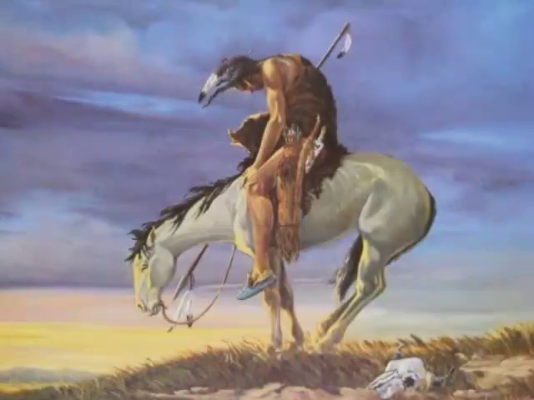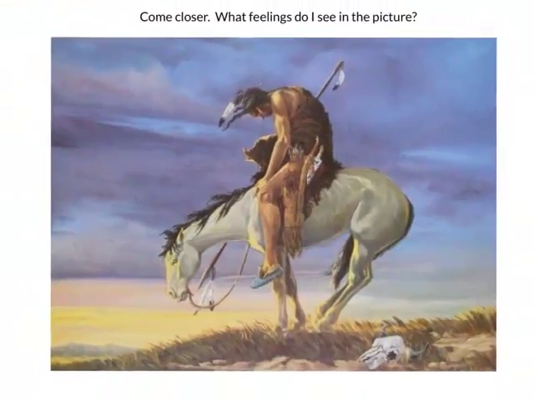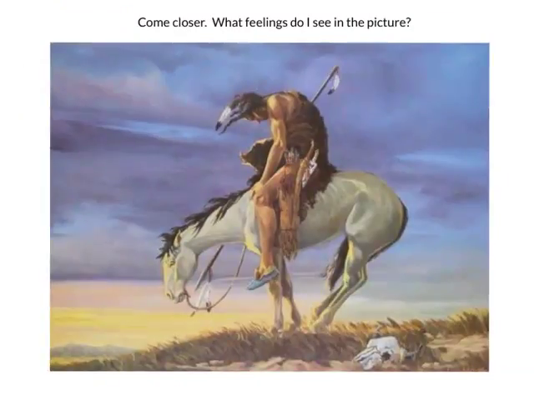Now I want to go outside the characters, the horse and the Native American, and look around him. Look where he is. He is on the prairie. I don't see another person around. I don't see another house around. It is huge. Very open is the word I want.